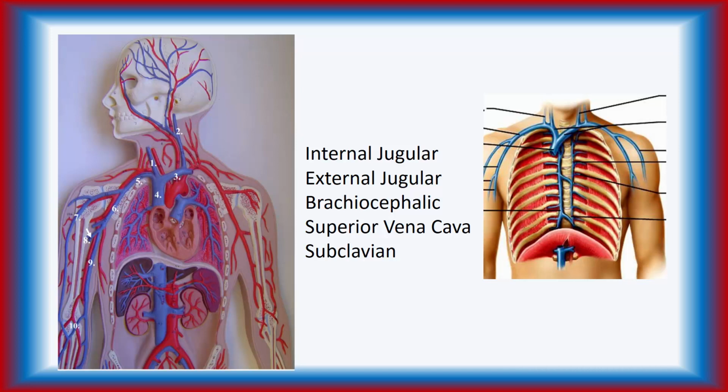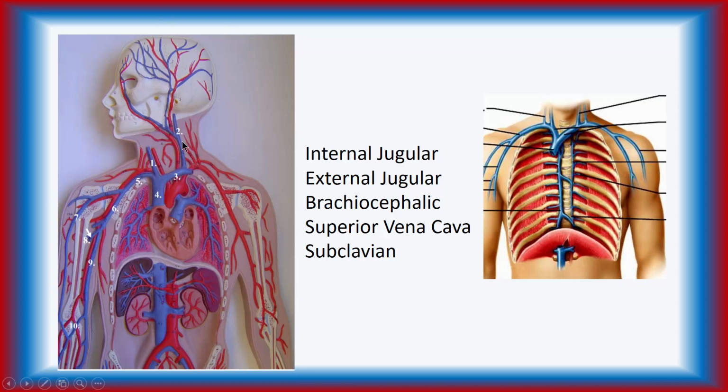So if we start with the chest cavity again, we can recognize the superior vena cava, of course coming into the right atrium, and then the branch off of that is the brachiocephalic branch. So brachio eventually will go into the arm, cephalic, it leads off into the jugular veins that are draining the brain and the veins that are on the skull.